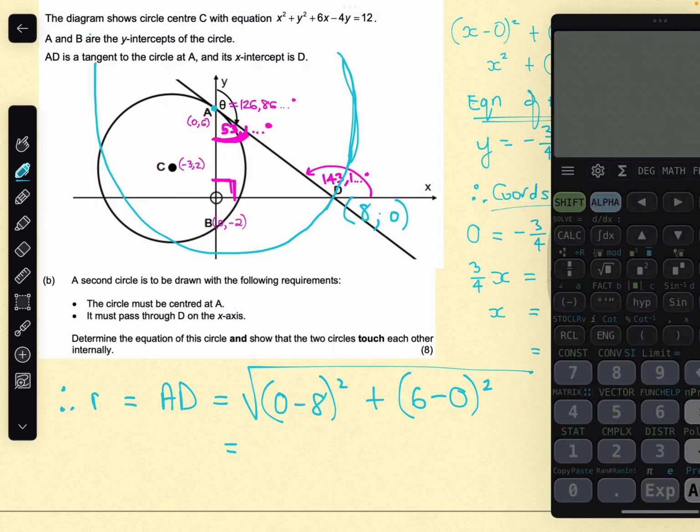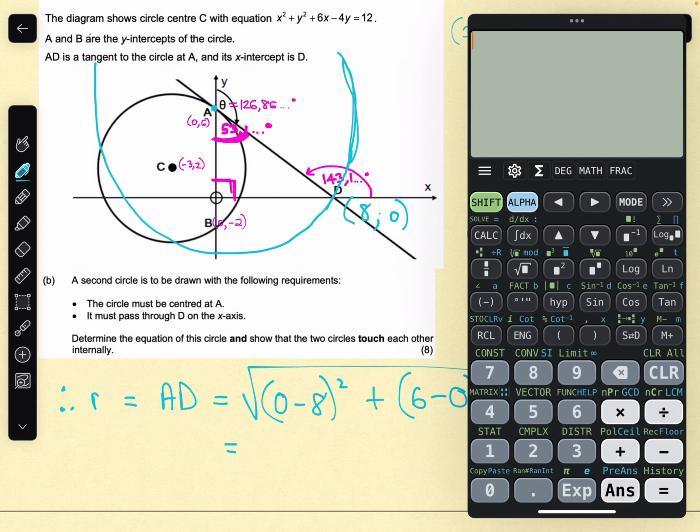I think that's going to become 10, because 6, 8, 10 is a Pythagorean triple, but let's double check. 0 minus 8 squared plus 6 minus 0 squared, and indeed we get 10.